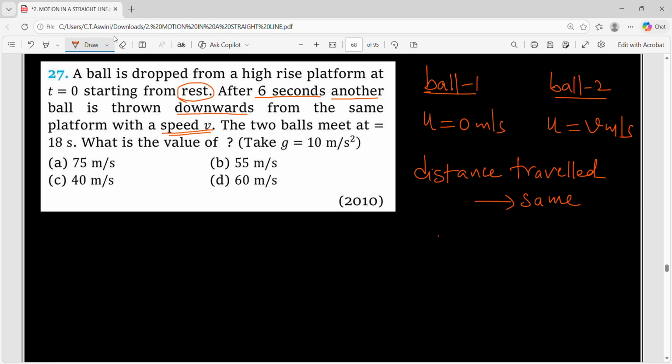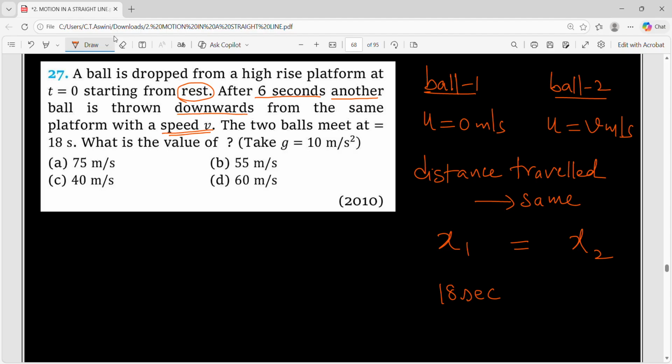So can I say now distance x1 and distance x2, both of them are equal? What is the time taken by the first ball to travel this distance? It was 18 seconds. What about the second ball? How much time will it take to travel the same distance?